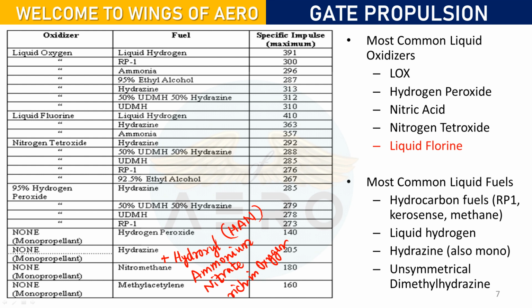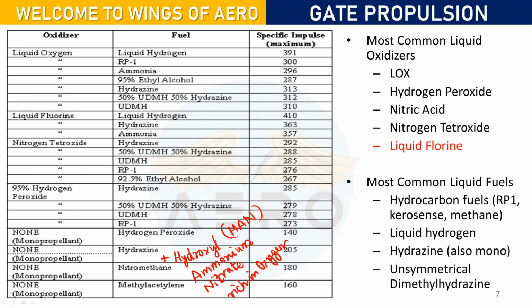You should have a good idea about the different types of fuel and oxidizer. A few common oxidizers are liquid oxygen, liquid fluorine, nitrogen tetroxide, and hydrogen peroxide. Some of the fuels of monopropellant type: hydrazine, which I already mentioned.